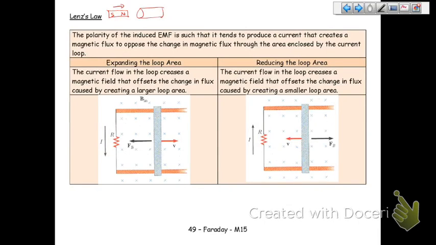So how do we get the direction? We can get the direction from Lenz's law. What Lenz's law says is, if you're pushing a north pole towards me, I'm going to induce in myself an electric current because of the changing magnetic field, which will tend to stop you from approaching.